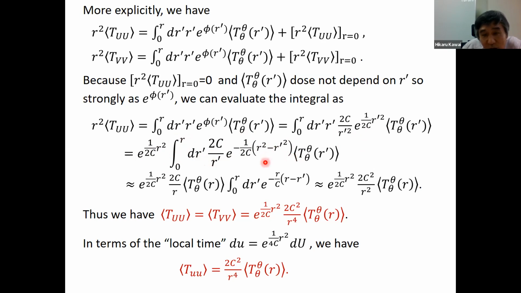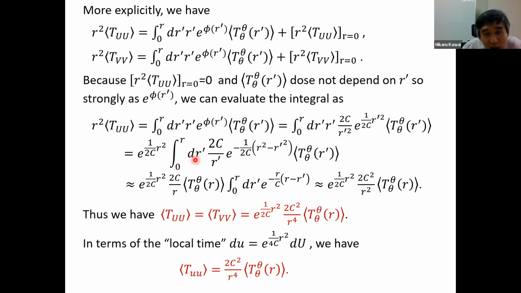As we have assumed, this one changes slowly compared with this, so we can pull it out with r prime replaced by r. So this part is replaced with this.